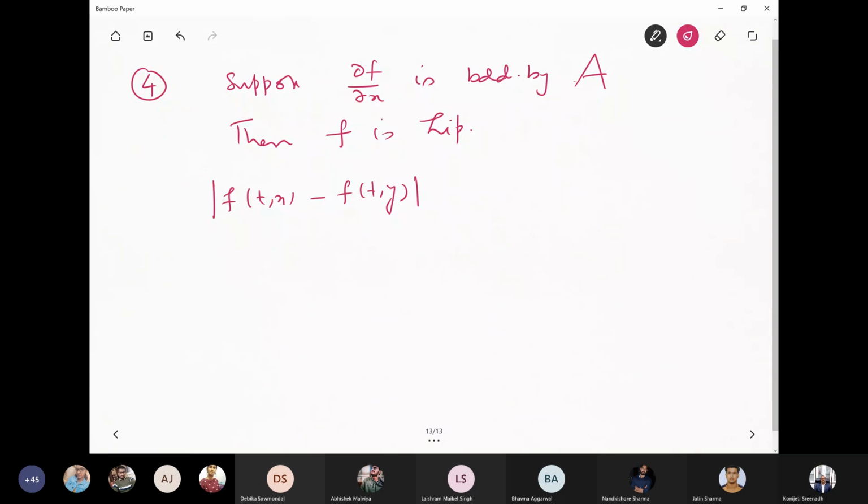Because I am taking only the t here on both places, by the Taylor's theorem or by the mean value theorem, it is going to be ∂f/∂x at a point θx plus (1 minus θ)y, some point in between x and y, times (x minus y). So this is our mean value theorem.